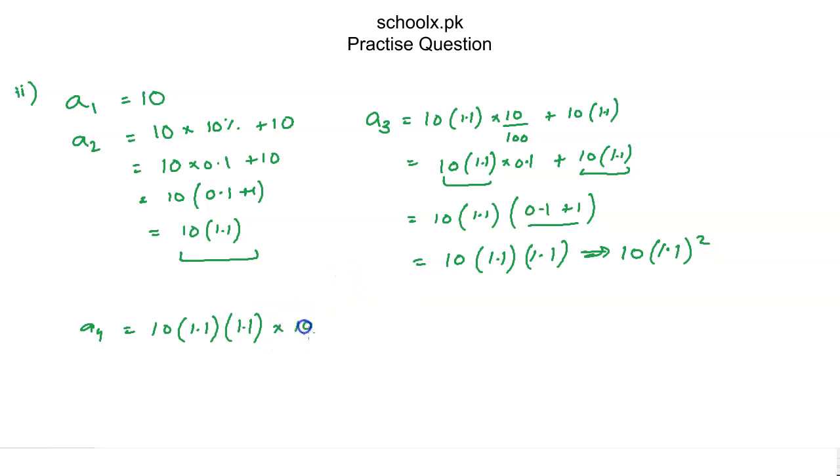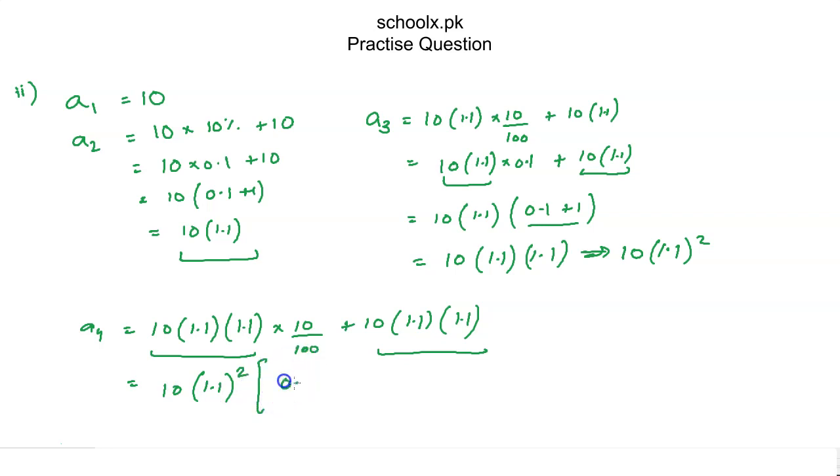Into 10 over 100, which is 10%, plus 10 times 1.1, 1.1, right? So if I take this as common, 10 times 1.1 squared, I'll be left with 0.1 plus 1. So it will get equal to 10 times 1.1 squared into 1.1, which is equivalent to 10 times 1.1 cube.